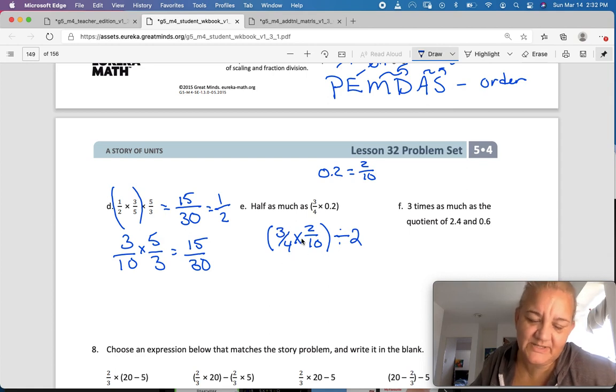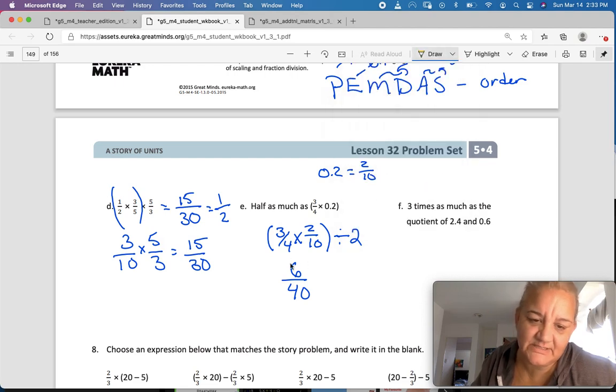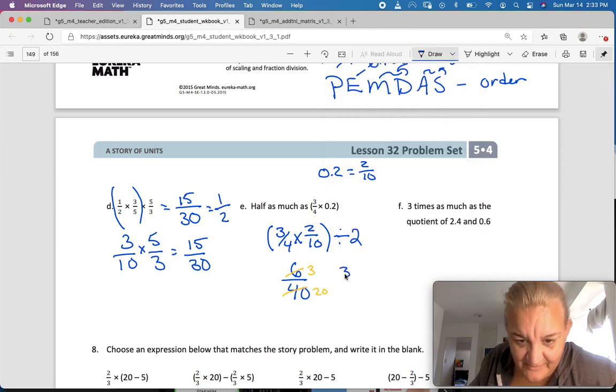So, inside parentheses first. 6/40. And you know what? I want to make that smaller immediately. So let's just go ahead and already simplify it before we get to the division. So I'm going to divide this by 2 and get 3/20. Okay. Now I have 3/20 divided by 2.